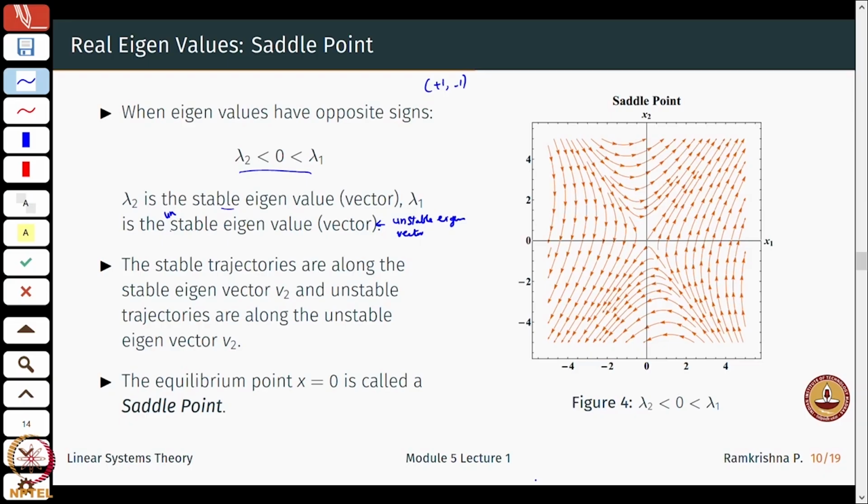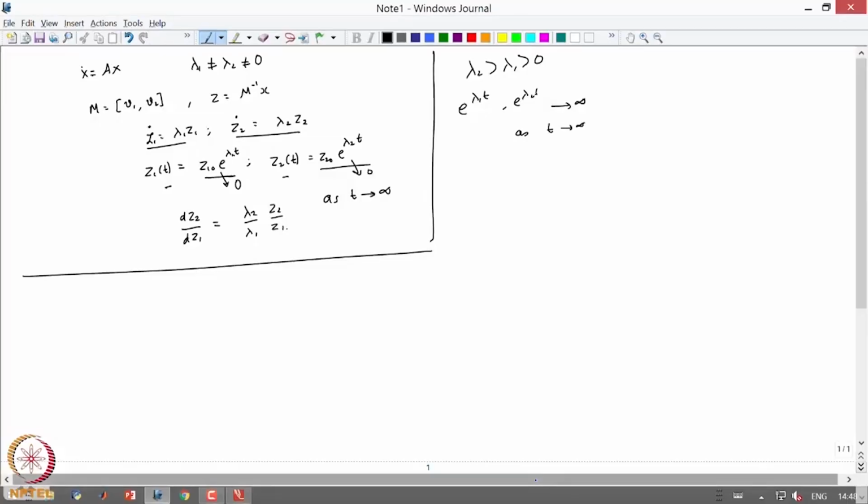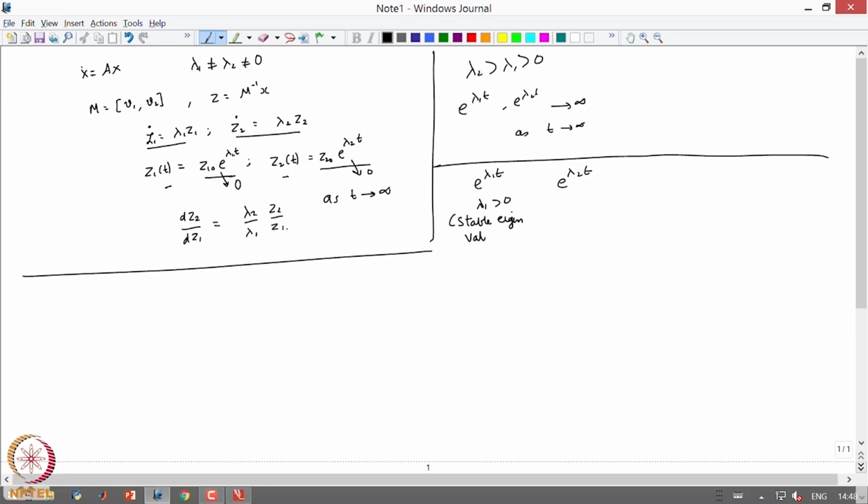How do we understand the behavior of this? Let us again analyze these two terms, e power lambda 1 t and e power lambda 2 t.